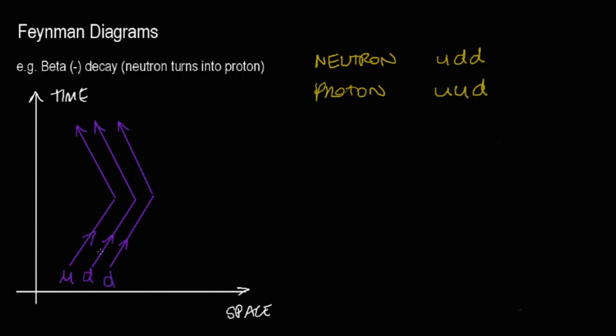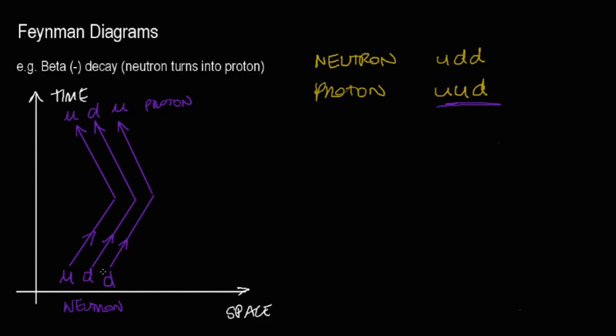And then what happens is that this down, let's say, will turn into an up. Everything else is the same. Up, down, up. Now up, down, up, or up, up, down, the order here doesn't matter, is a proton. So yes, we get a proton and this is our neutron.